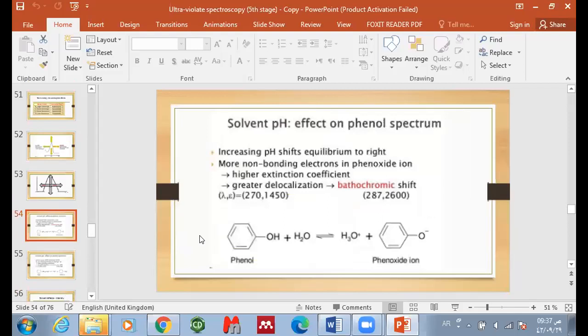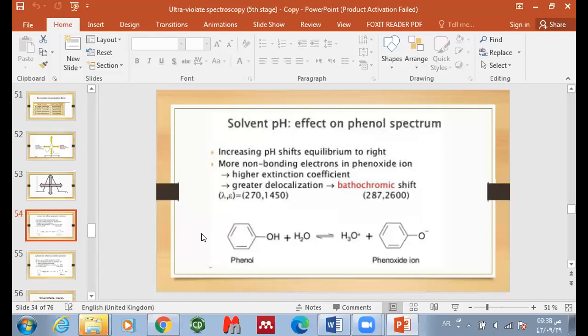We have an example, phenol. Phenol is considered a weak acid. So increase the pH of the solvent on phenol. What does it mean to increase the pH? It means the pH level should be above 7 by adding some base, for example.